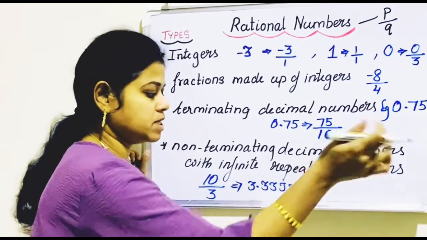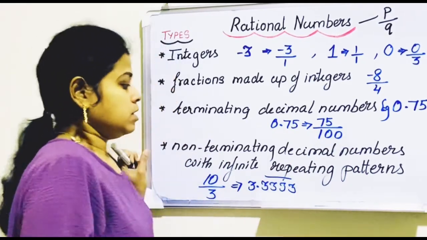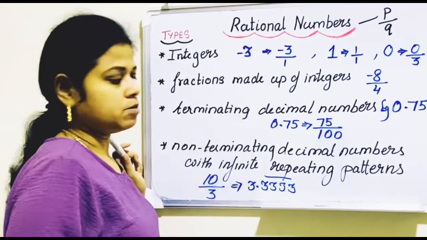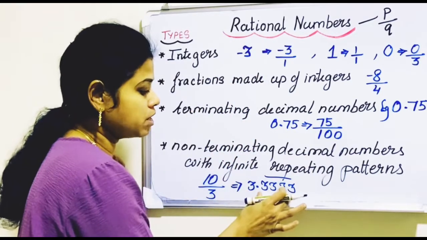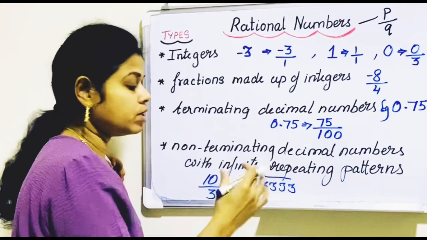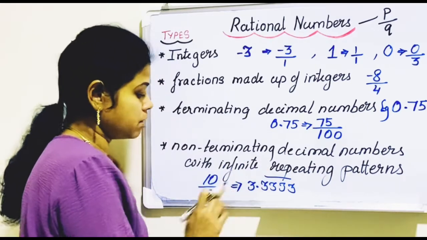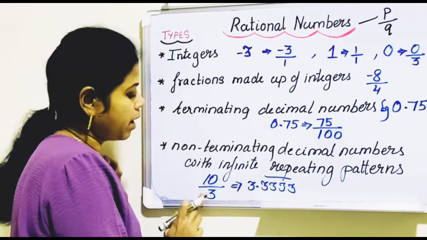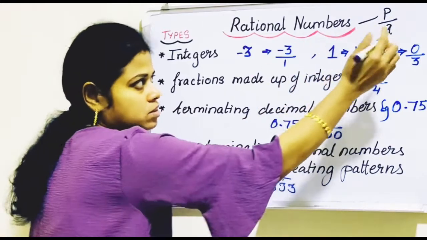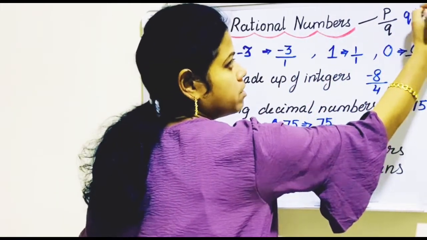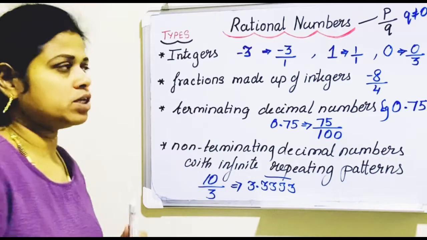Yes, this 3 repeats. So you can say that this number is also a rational number. Non-terminating decimal numbers are also rational numbers because you can express this number in the form of p by q, and as this q is not 0, hence it is a rational number. So these are the types of rational numbers.